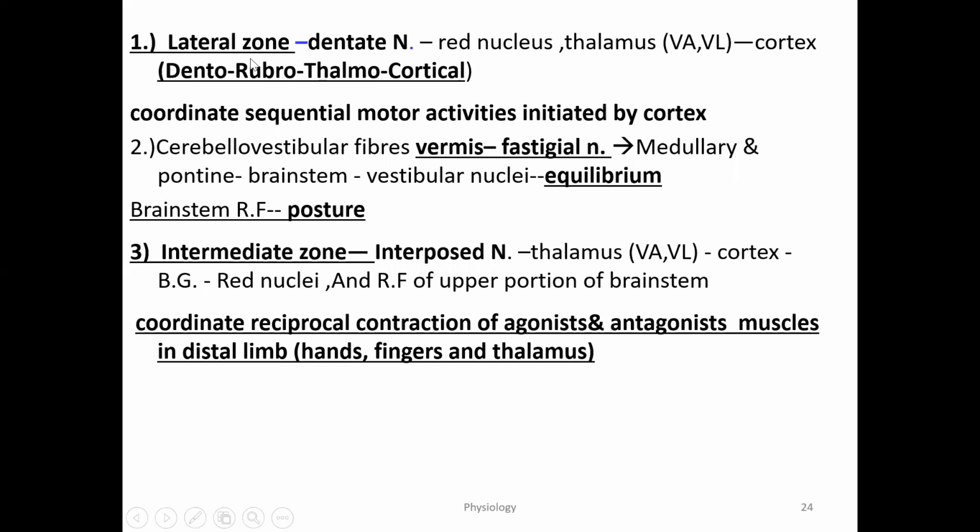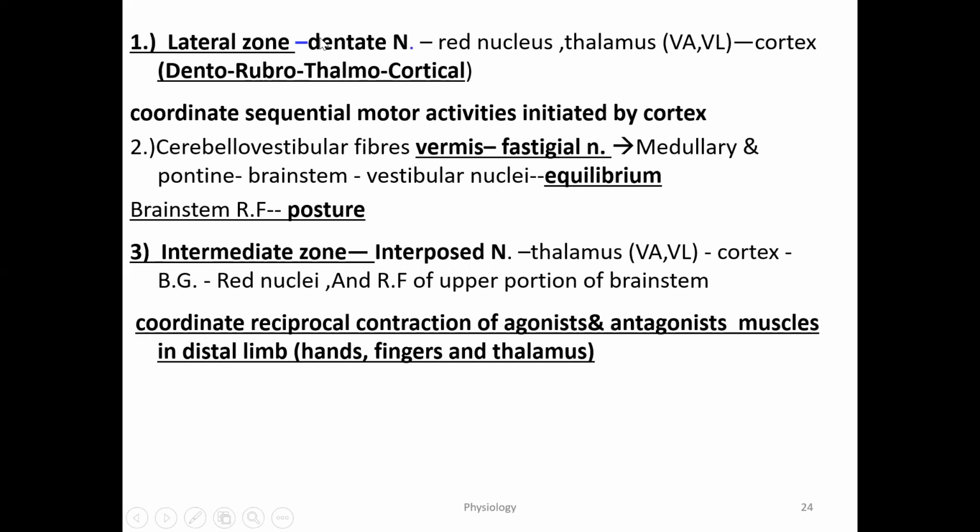So what are the outputs? As you know, the cerebellum is divided from the posterior inferior surface into lateral zone, intermediate zone, and vermis. About the lateral zone, the most important connection is with the cortex, and that's why it is most important in coordination of sequential motor activities initiated by the cortex, because the connection is toward the motor cortex.